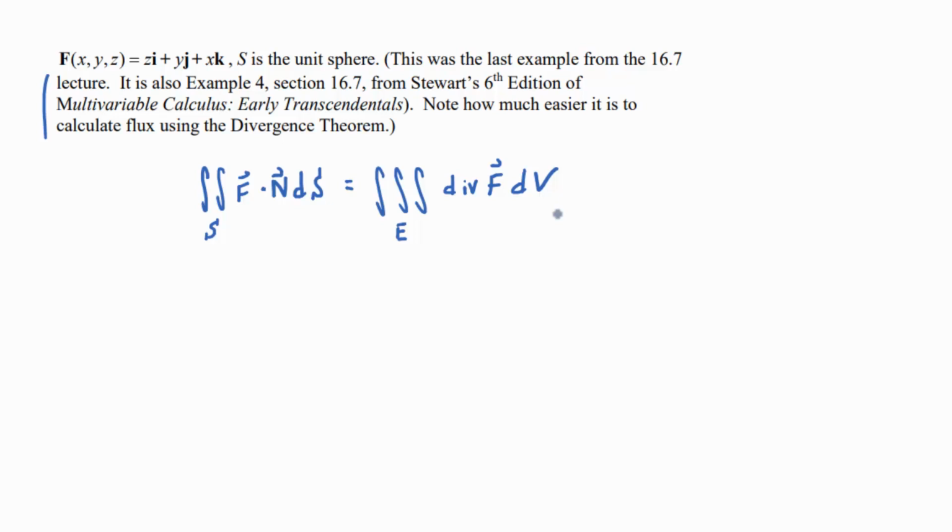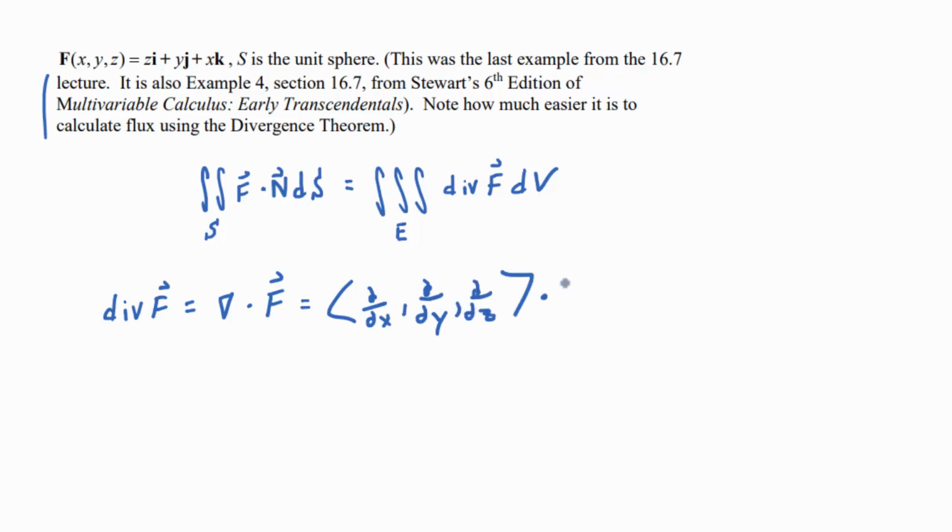So let the formula be your guide. What's it telling you to find on the right-hand side? Divergence. So what's the divergence of F? Okay, that's del dot F, right? Well, I think you might be onto something there. Well, let's take a look.